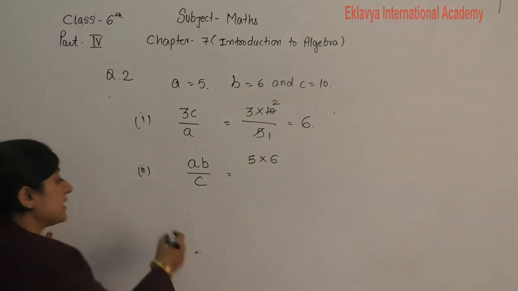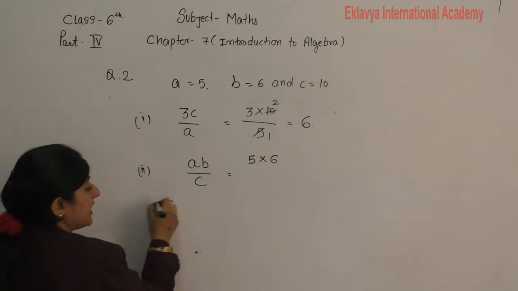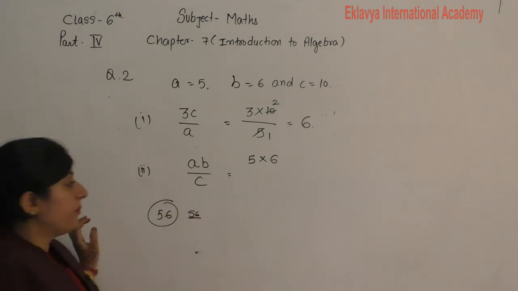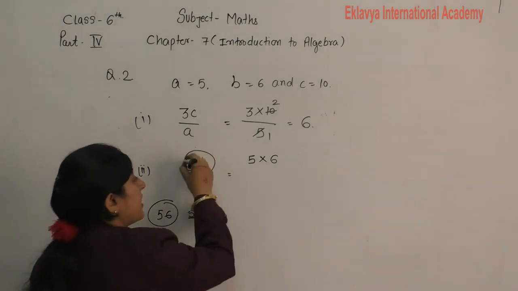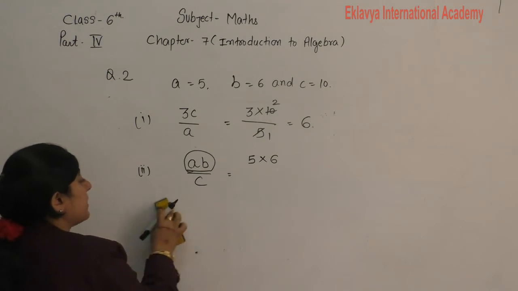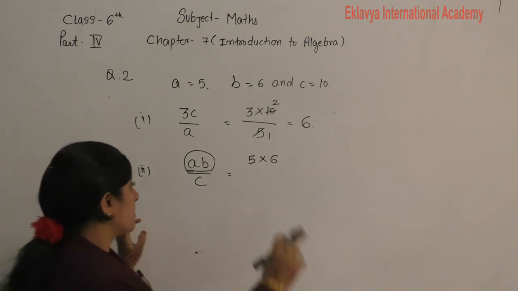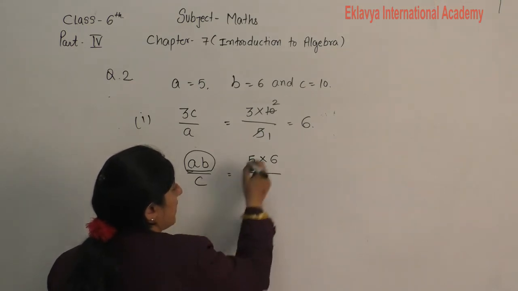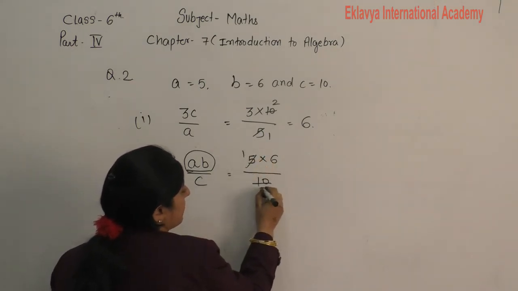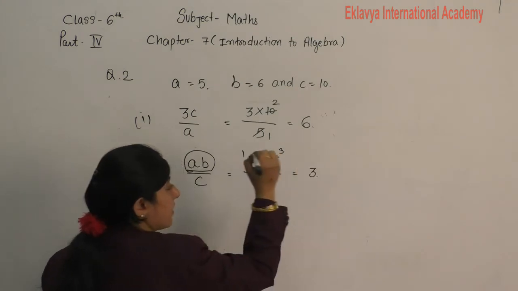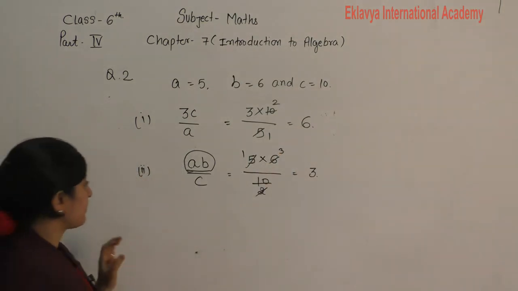Don't write it like 5, 6, because then it becomes 56, not 5 into 6. So AB here, if both are variables, it means they are in multiplication. So 5 into 6 divided by C value 10. 5 ones are 5, 5 twos are 10, 2 threes are 6. Then your answer is equal to 3.